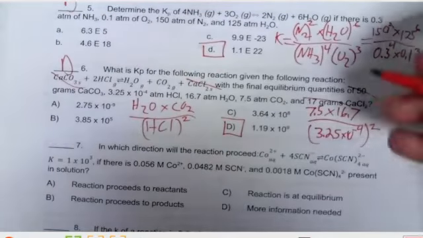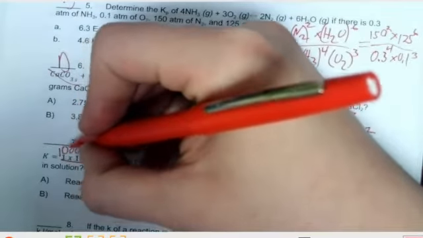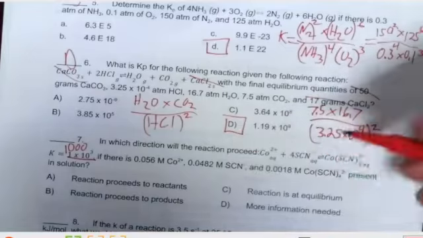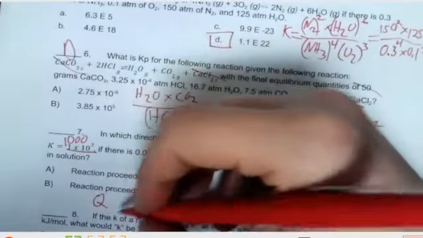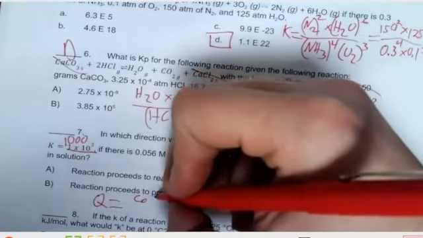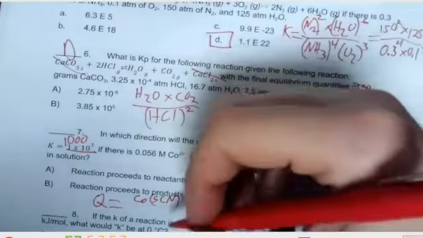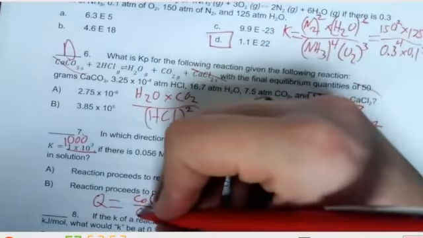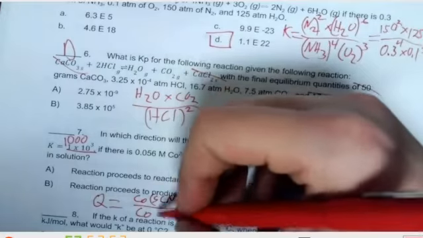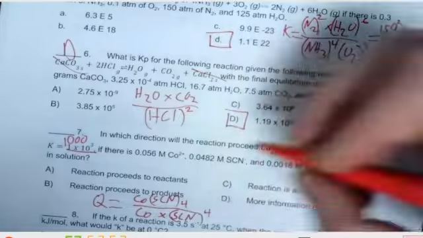Which direction will the reaction proceed? So this one, I'm given a K, so that's essentially 1,000, and then I'm given reactants. So our Q expression that we're solving for, Q equals cobalt tetracyanate over cobalt 2 times thiocyanate to the 4th.